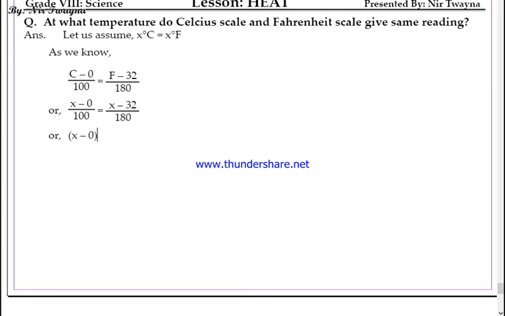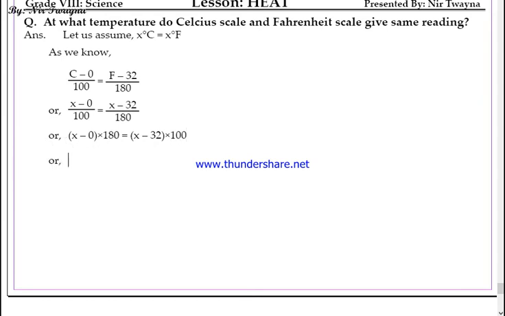Okay, x minus 0 multiplied by 180 is equal to, on the right side also, x minus 32 in brackets multiplied by 100. Now x minus 0 means x itself.